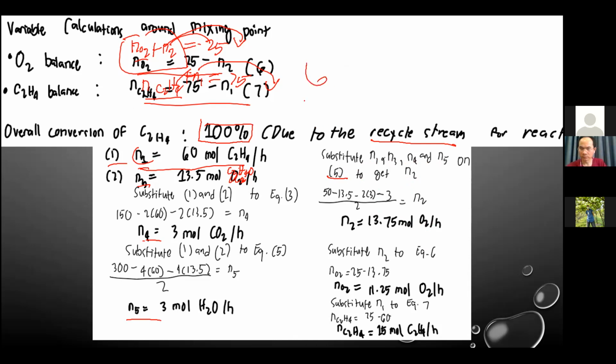Okay, so we reach this point now. So we're going to substitute known variables to get NO2, and then substitute N1 here to get the C2H4. So 75 minus 60 is 15 moles of C2H4.